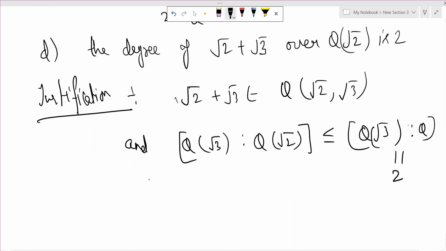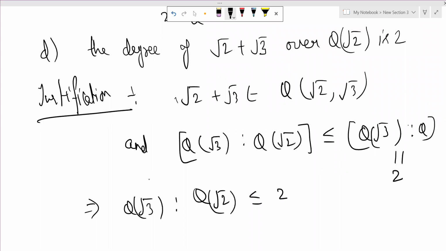So Q(root 3) over Q is 2. This implies Q(root 3) over Q(root 2) is less than or equal to 2.